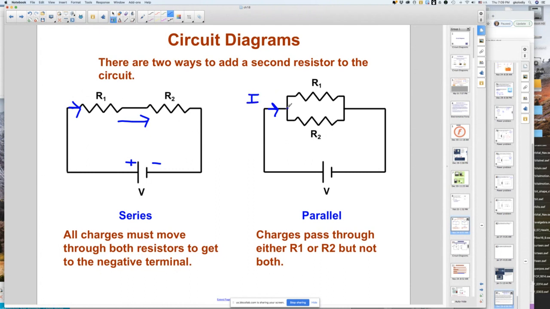Part of it goes up in this direction, that's called I1, and part of it goes this way. Let's call it I2. And I, the total current flowing through the circuit, is equal to I1 plus I2.